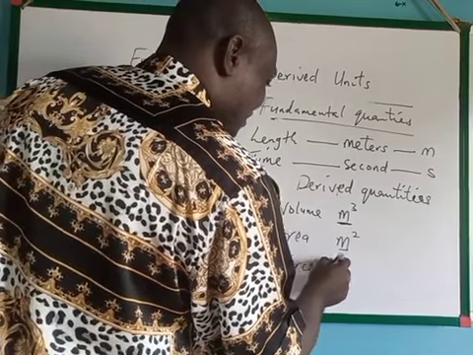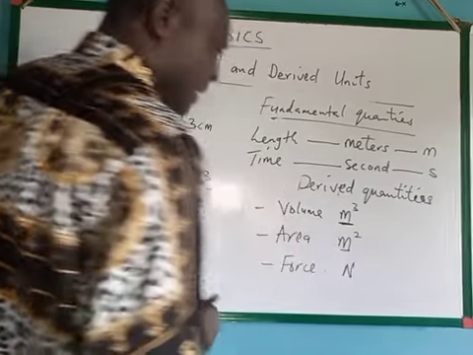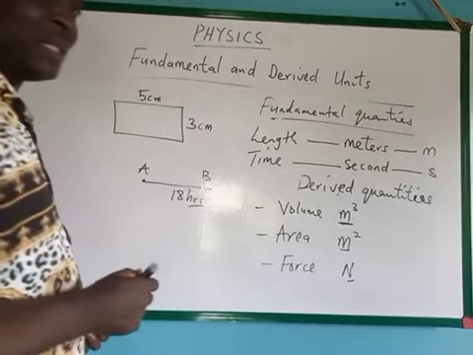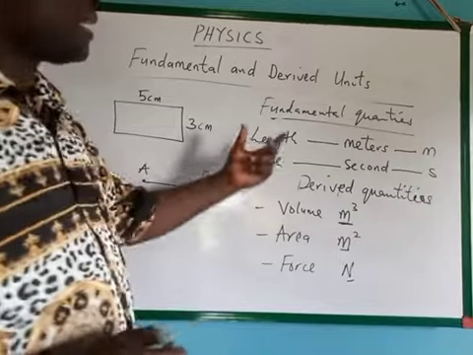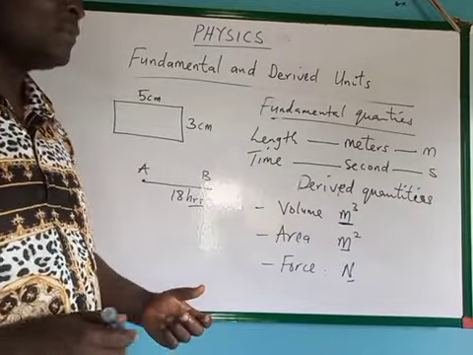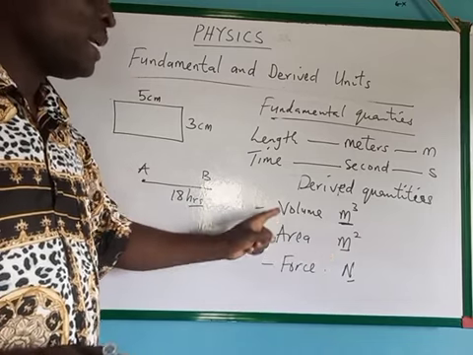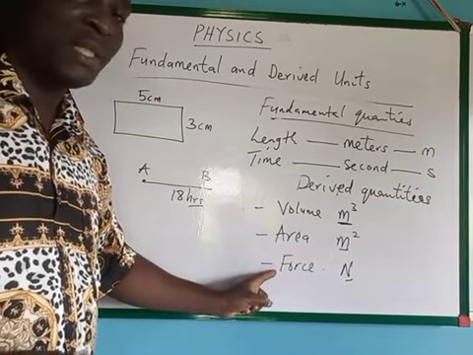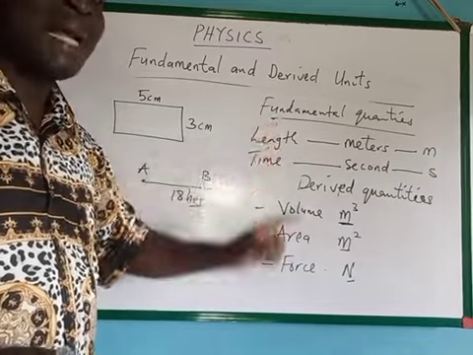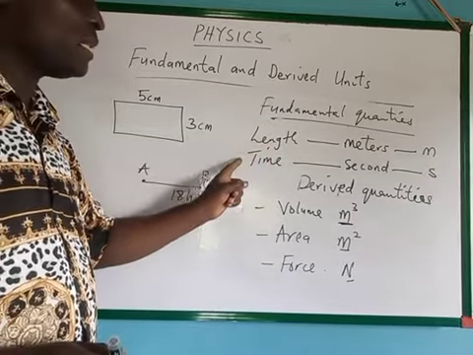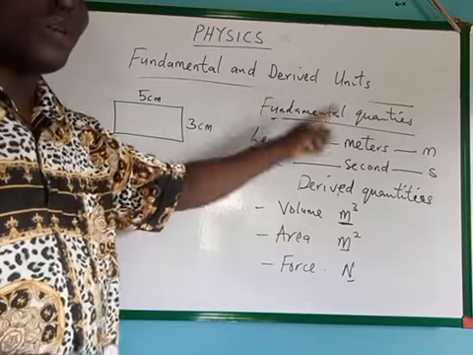Force has Newton as its SI unit. So Newton becomes a derived unit. So you can see the trend. Any unit that is attached to a derived quantity becomes a derived unit. Any unit that is attached to a fundamental quantity becomes a fundamental unit.